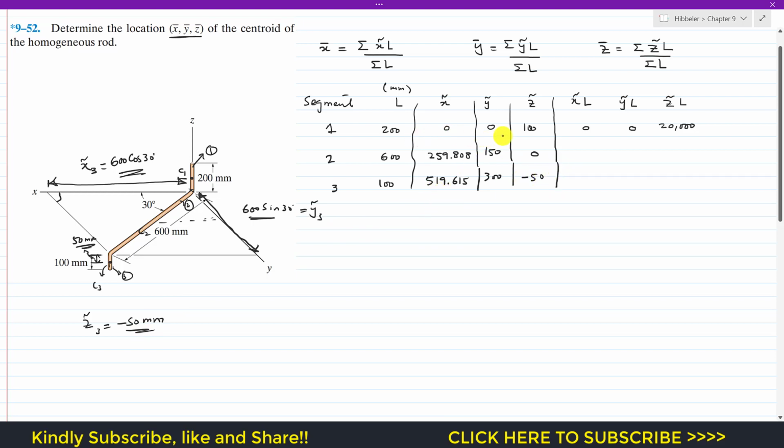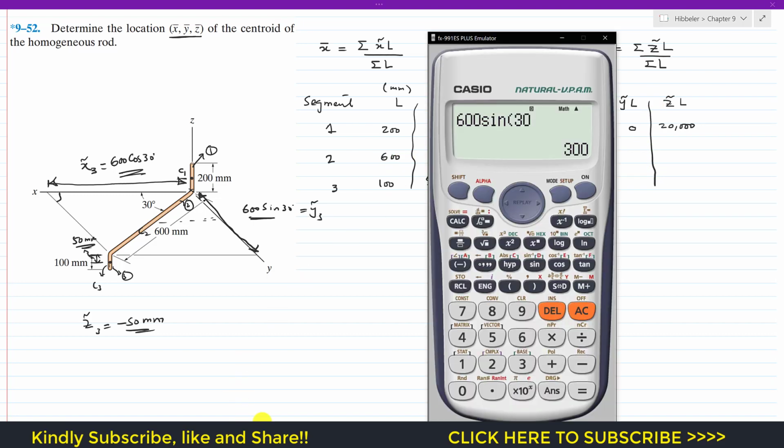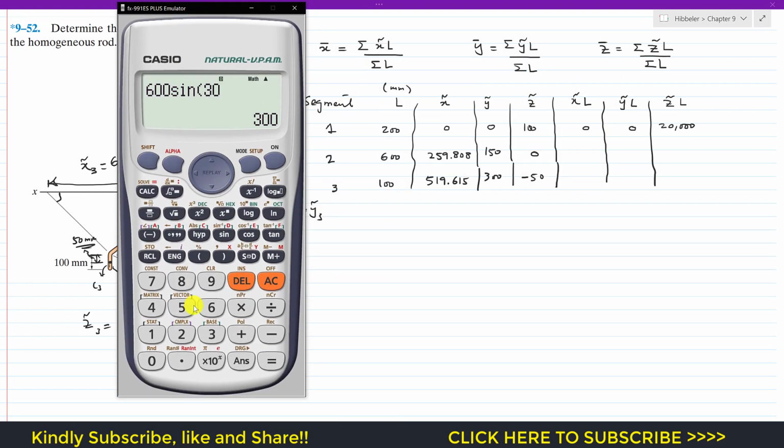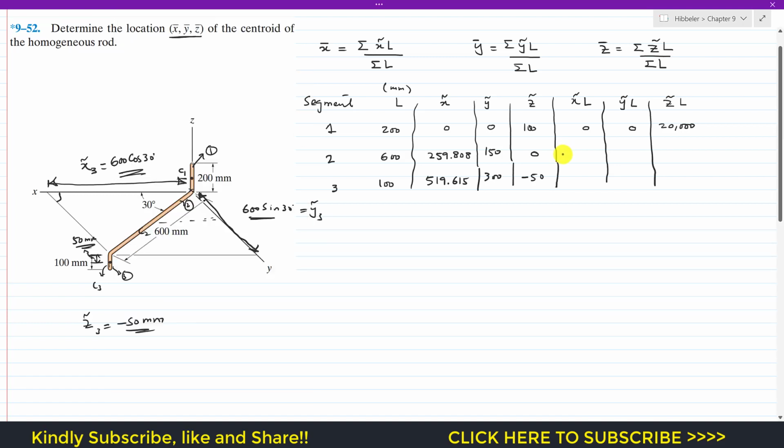Now we have to take the product, right? So we have to multiply 600 with this, and then 600 with y tilde. So 600 into 259.808 gives us 155,884.8.